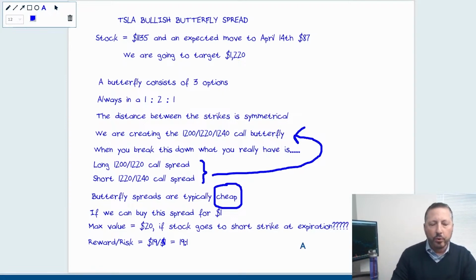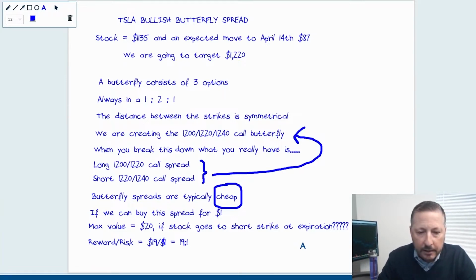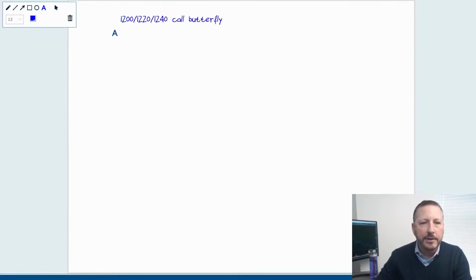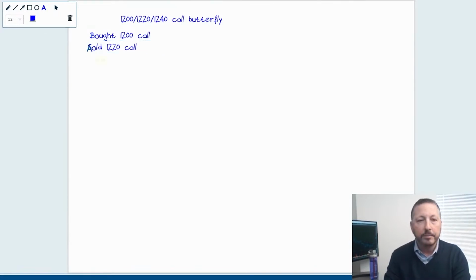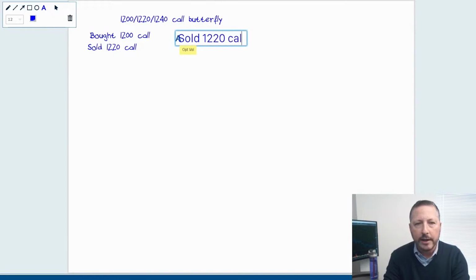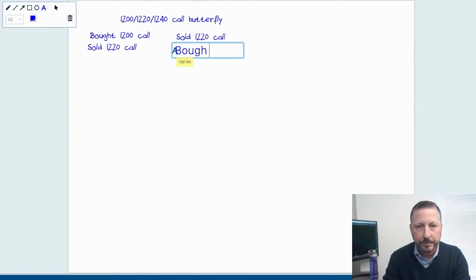Now let's go through what the P&Ls would be on something like this. Breaking this down, it means we bought the 1200 call and sold the 1220 call. That's the first part of our butterfly. The second part is sold the 1220 call and bought the 1240.